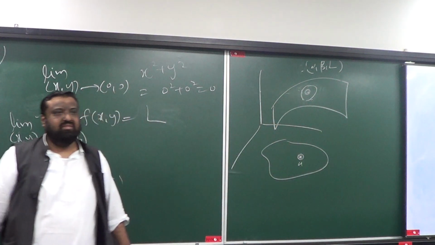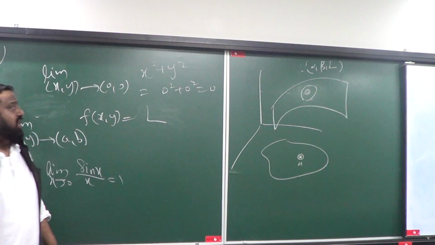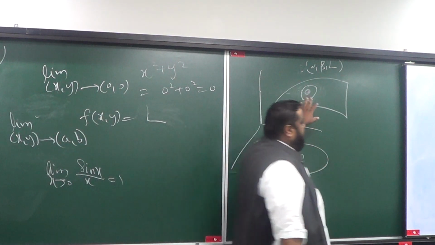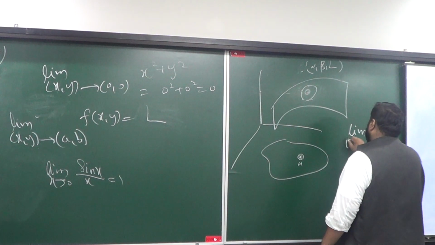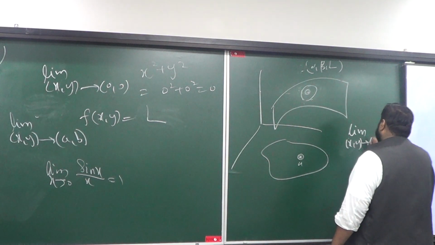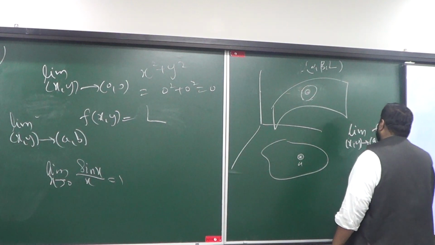Is it making sense? Instead of one-dimensional intervals, you now have these sets. And that would be the definition of what is meant by the limit as (x,y) goes to (a,b) of f(x,y) equal to L.